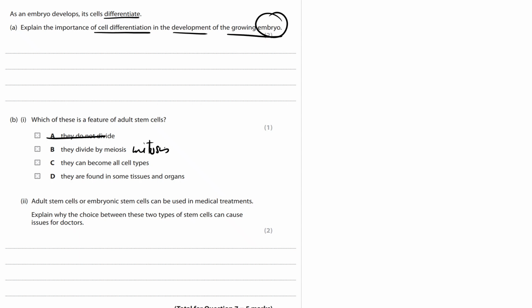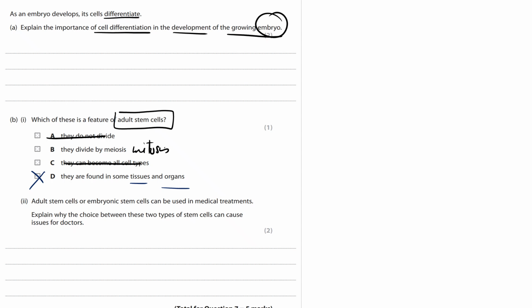Okay, these are examiners, when they make these questions, they really use bias and use ways to really annoy and trick the student, don't they? Because look here, it's adult stem cells. If it was embryonic stem cells, 100% that would have been correct. And the right answer would have been D, because they're found in some tissues and organs, chief among them being the bone marrow.